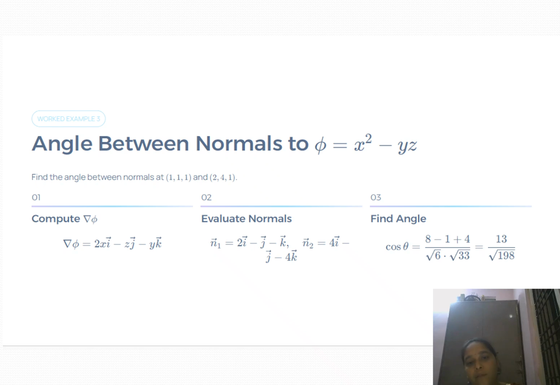If we substitute into the formula and solve, we get del phi is equal to 2x i bar minus z j bar minus y k bar. Evaluating the normals, we get n1 bar is equal to 2i bar minus j bar minus k bar, and n2 bar is equal to 4i bar minus j bar minus 4k bar. As per the formula, cos theta is equal to n1 dot n2 by mod n1 bar mod n2 bar. Substituting, we get cos theta is equal to 13 by root 198.